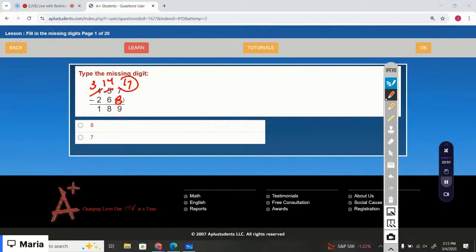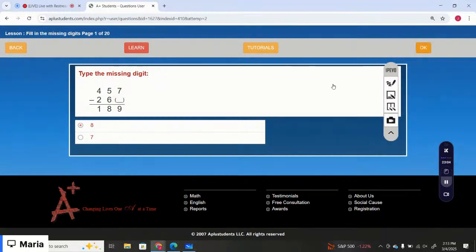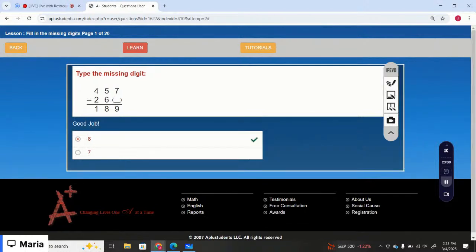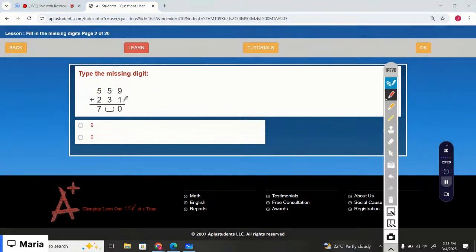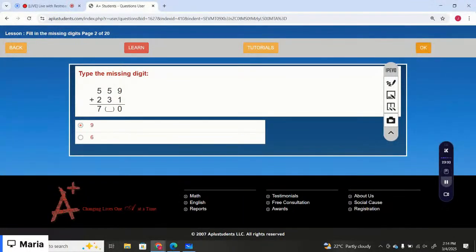Okay, let's move on to the next one. Option number 1 is the correct option. Type the missing number, which is the correct option. So we are adding, right? So 5, 6, 7, 8, 9. The missing number is 9. Got it. Option number 1 is the correct option.